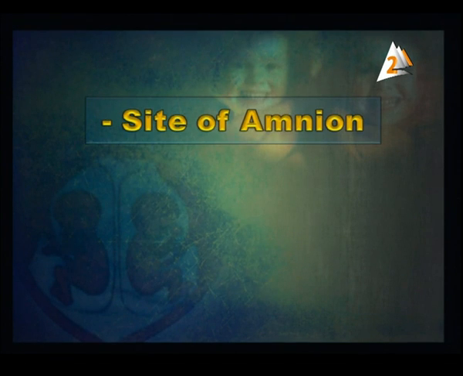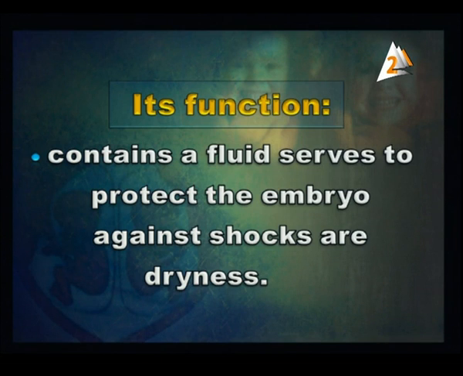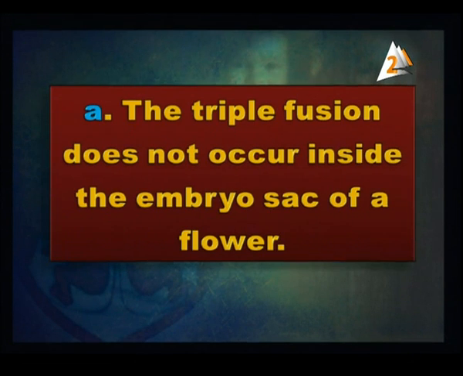Next, the amnion. The site of the amnion: it surrounds the embryo. Its function: it contains a fluid that serves to protect the embryo against shocks and dryness. What would happen in each of the following cases? The triple fusion does not occur inside the embryo sac of a flower.